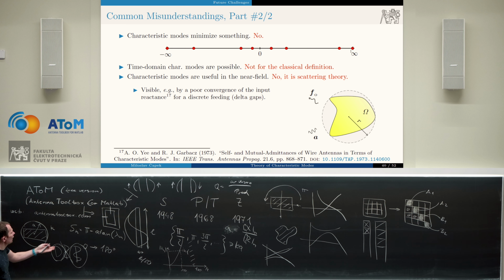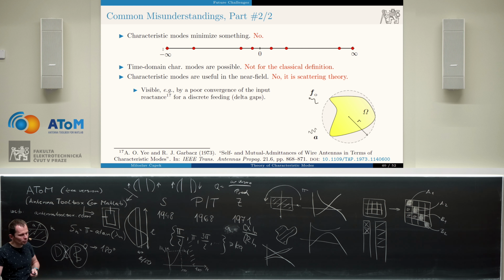And then we have a large bunch of potential applications and misconceptions with time domain. Even though I can imagine that there is something like time domain characteristic modes, so some impulse responses of your obstacle in time domain, I can hardly imagine that these modes will diagonalize the impedance matrix somehow.